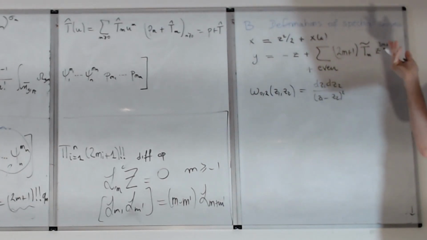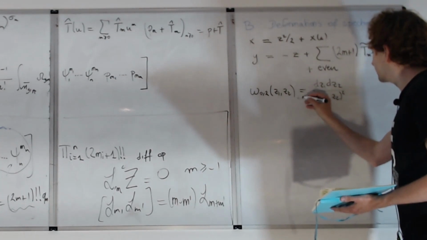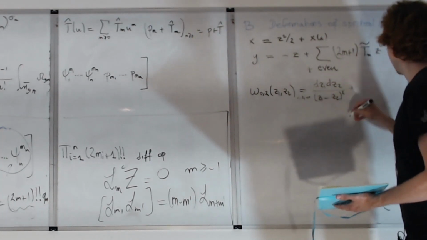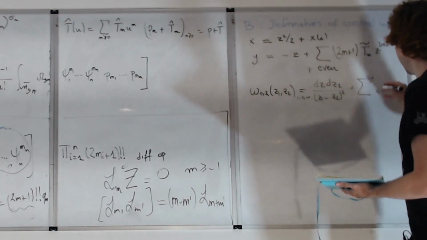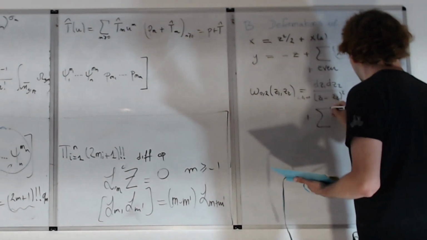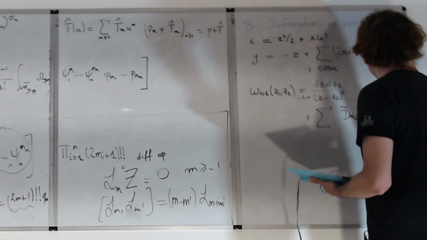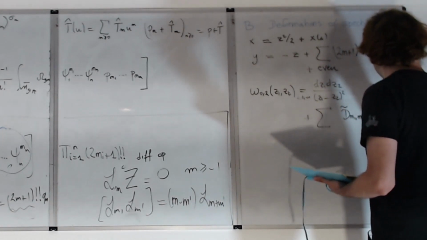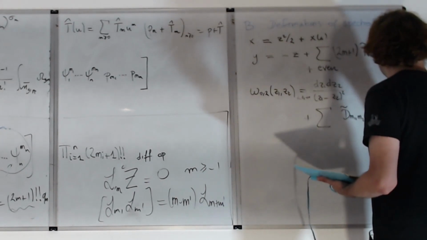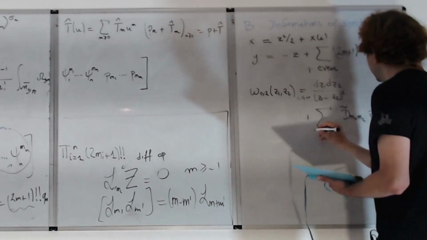You don't need it elsewhere. So I'm just going to expand when z1, z2 go to 0. And here we will see what I will call d tilde m1, m2, z1 to the m1, z2 to the m2, dz1, dz2.